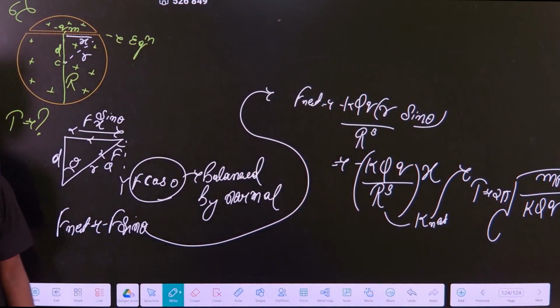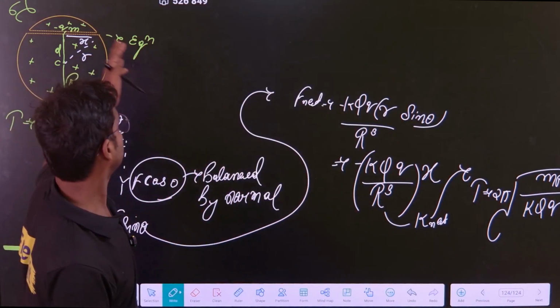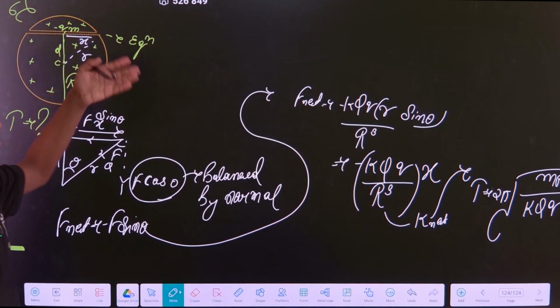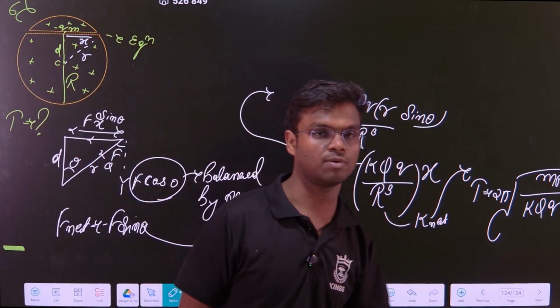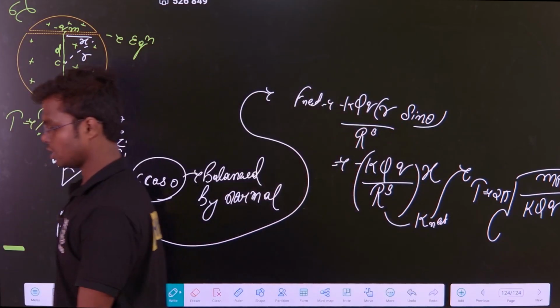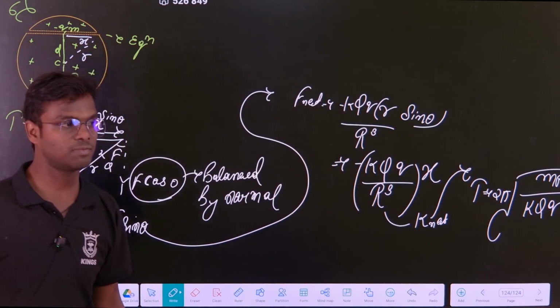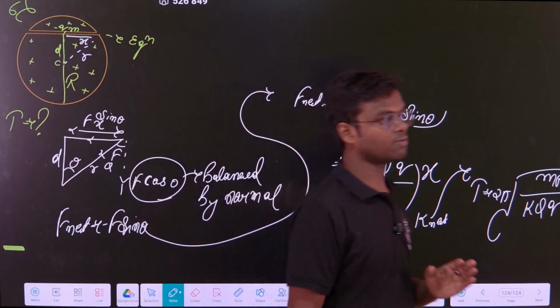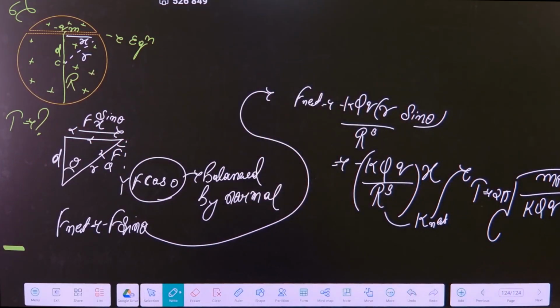So we can say it doesn't matter wherever you keep the tunnel. If you want to keep the tunnel here also, or anywhere, my time period will again be the same value, m r cube divided by kQ into small q. It will always be a fixed value. That is what I am trying to say. It doesn't matter where you are keeping the tunnel, always the time period will be fixed. I hope it is clear to you.